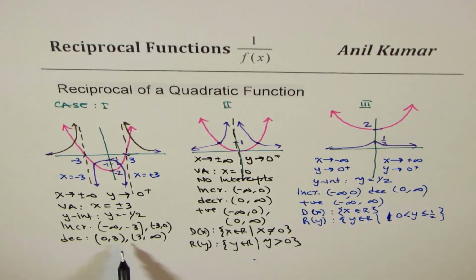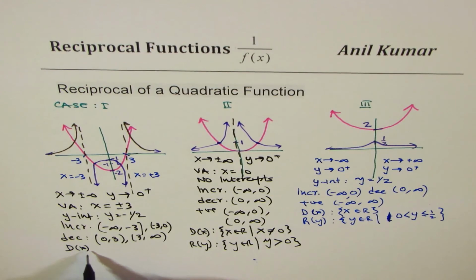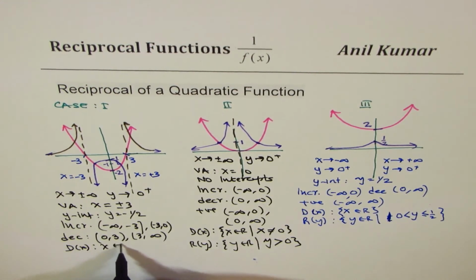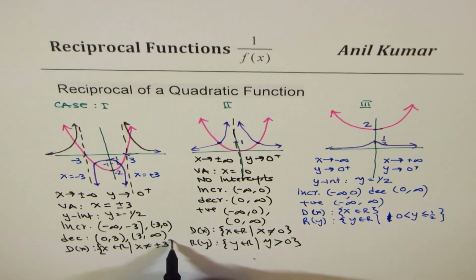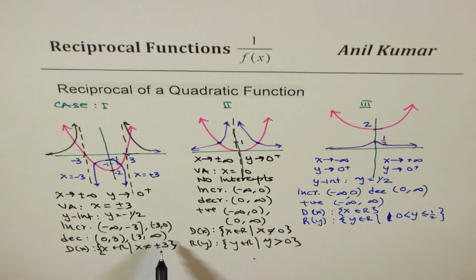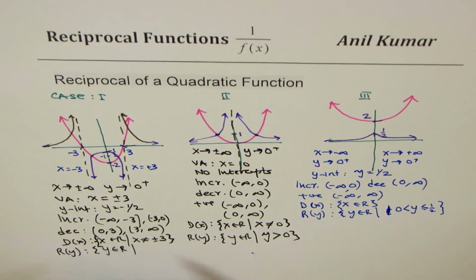So that becomes the characteristics of this function, and of course the domain in this case is x belongs to real numbers, where x is not equal to plus or minus 3, which are the vertical asymptotes, and the range in this case is y belongs to real numbers.